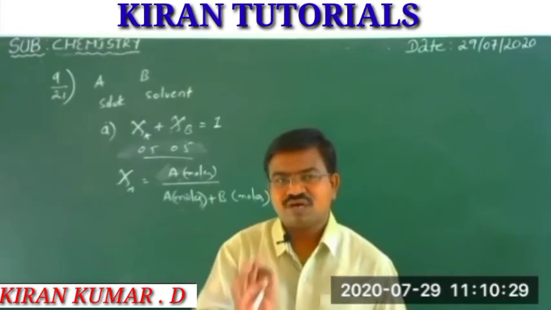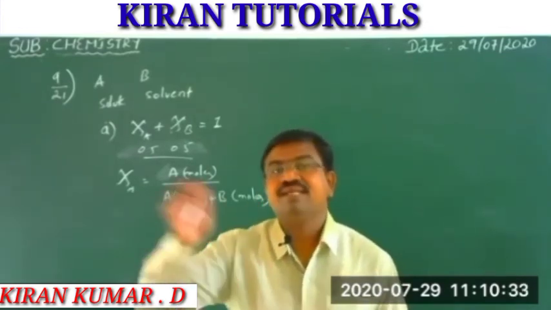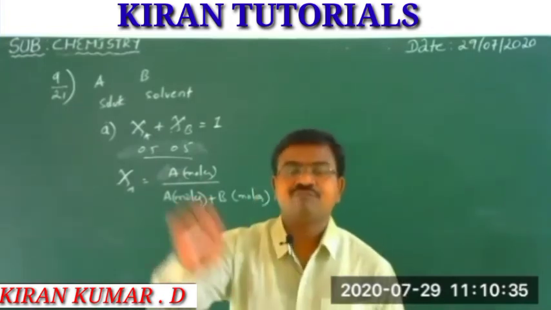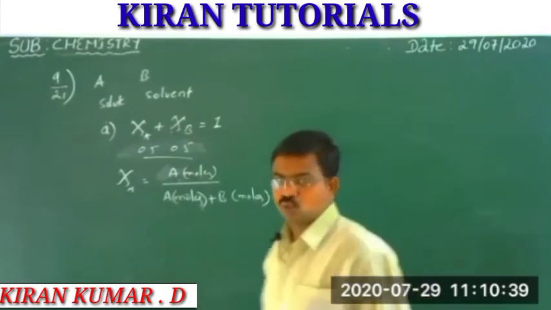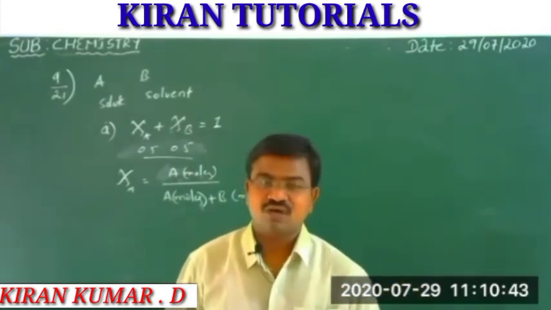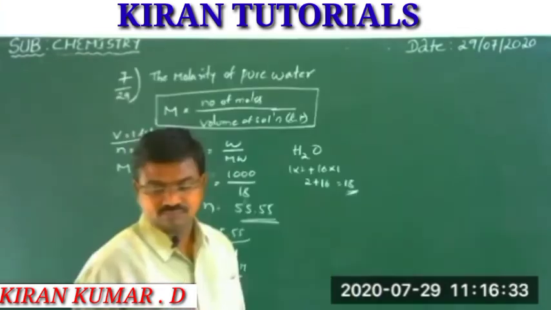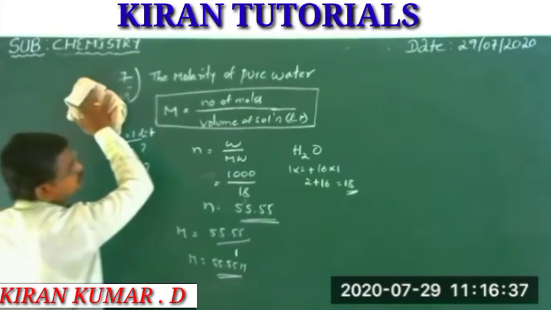The ratio of number of moles present in one component to total number of moles present in the solution. So all options are true. So that's why the fourth option. All options are clear. Completed.